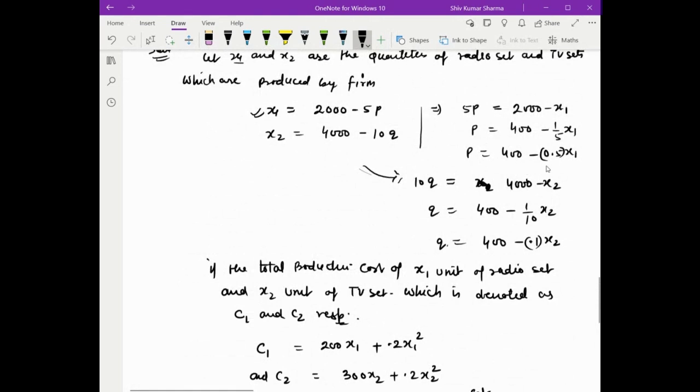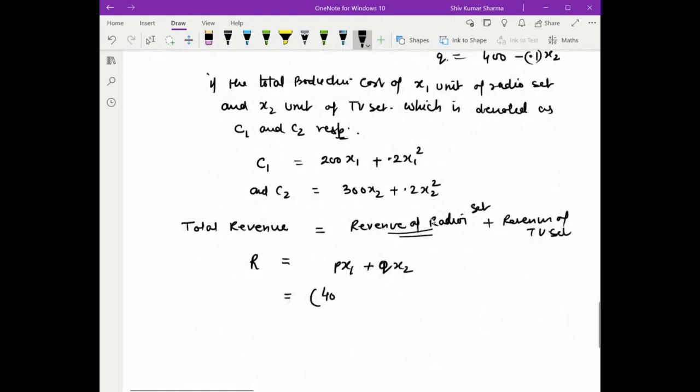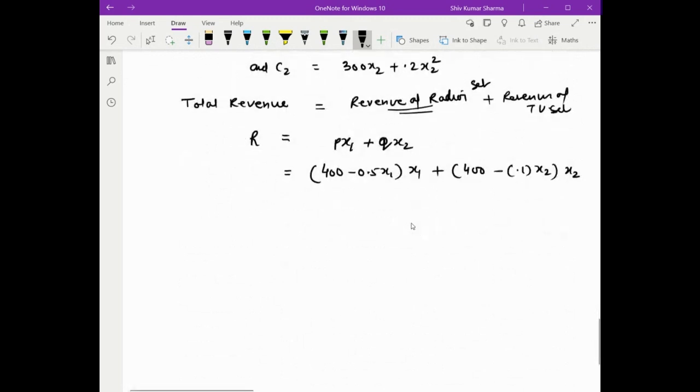The price P is 400 minus 0.5 X1, into X1, plus Q, which equals 400 minus 0.1 X2, into X2. So we write this as 400 X1 minus 0.5 X1 square plus 400 X2 minus 0.1 X2 square. So this is the revenue.